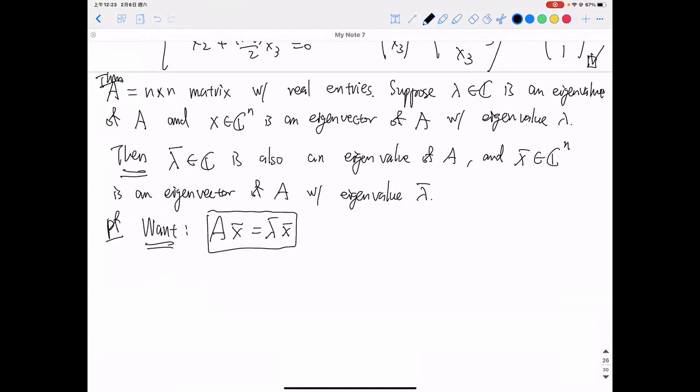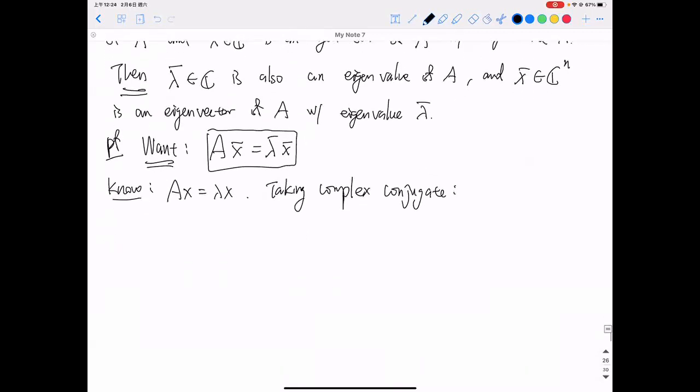What we know is that Ax is lambda x. Now here's what we're going to do. We can take the complex conjugate on both sides of Ax equal to lambda x. We get the conjugate of Ax equal to the conjugate of lambda x.